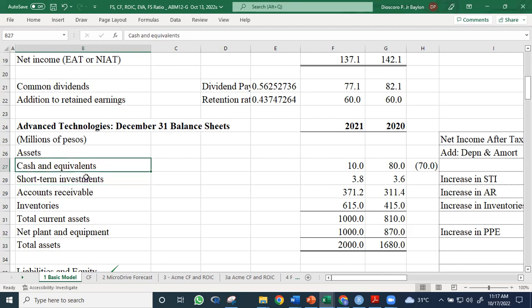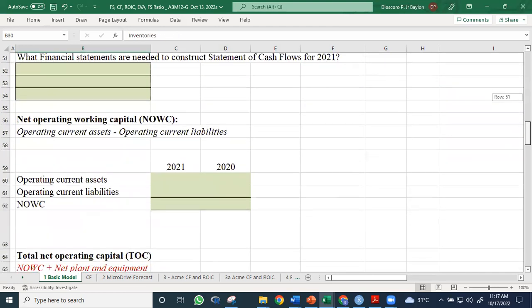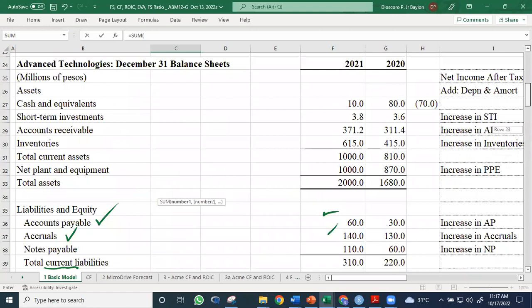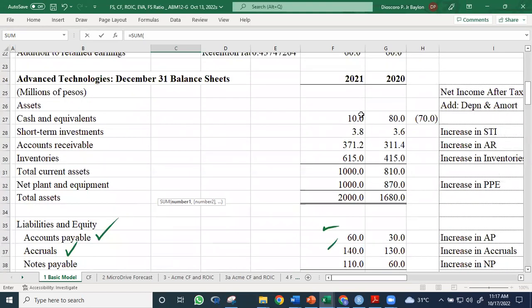So only cash, AR, and inventories form part of your operating current assets. Let's get the sum of your cash and cash equivalents, your AR, and your inventories.